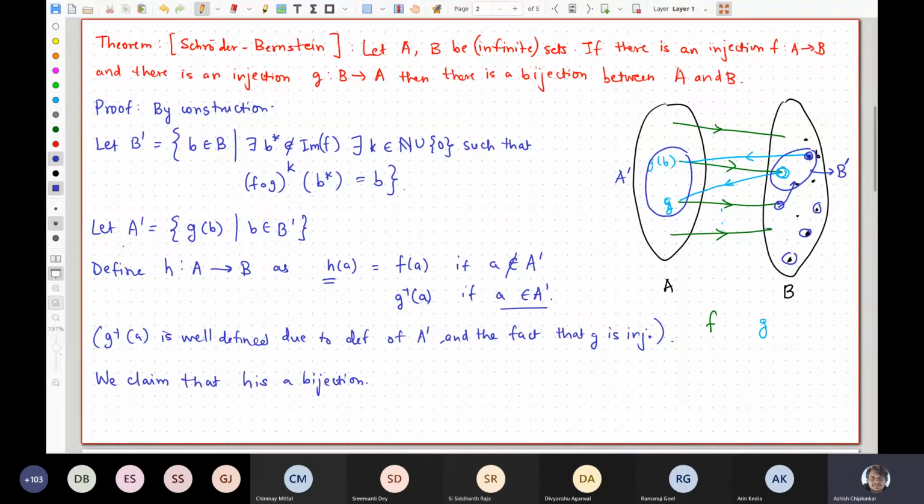Then this will go on, but the formal way of writing is this.